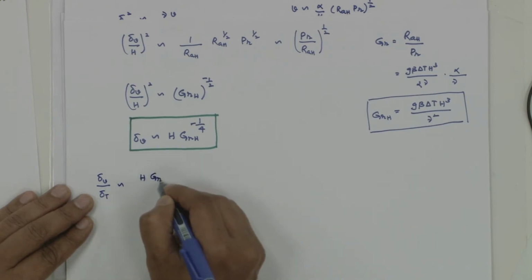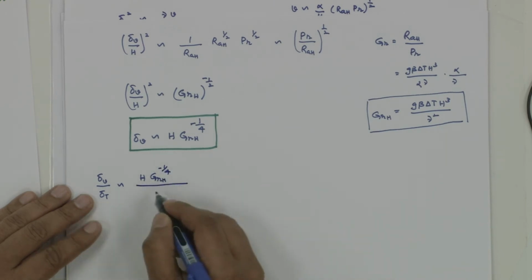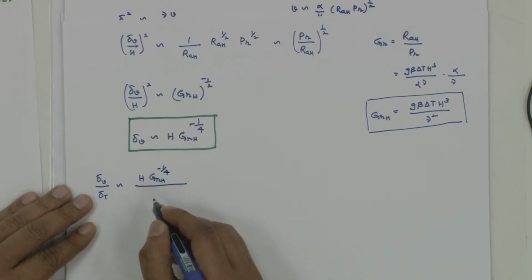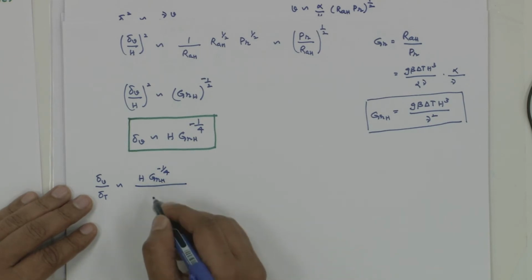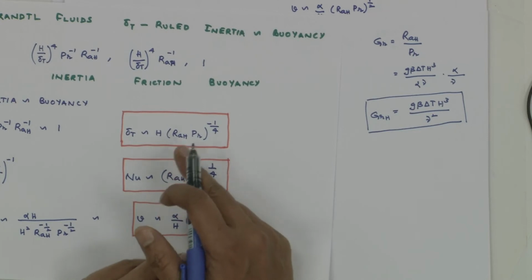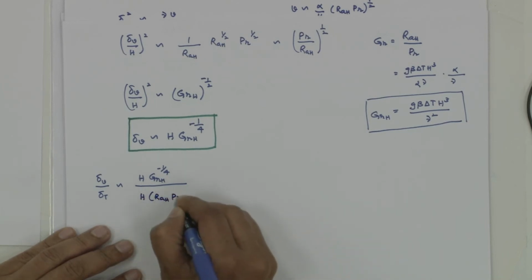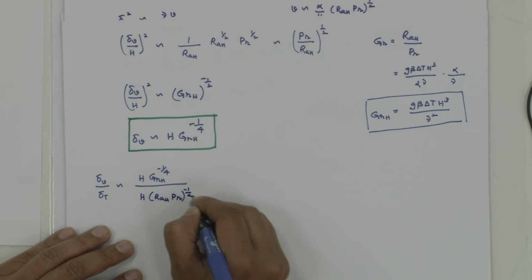H Gr to the power of minus 1 by 4 upon delta T. Delta T, if you just recall, is H Ra Pr to the power of minus 1 by 4.